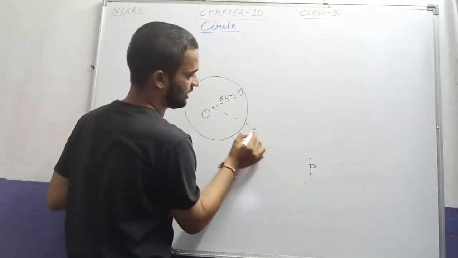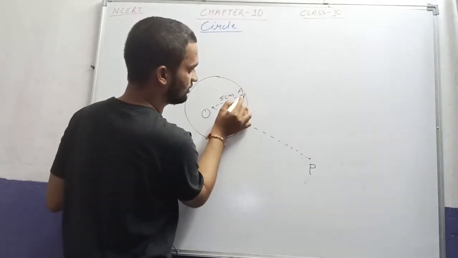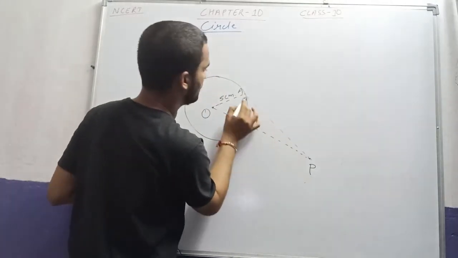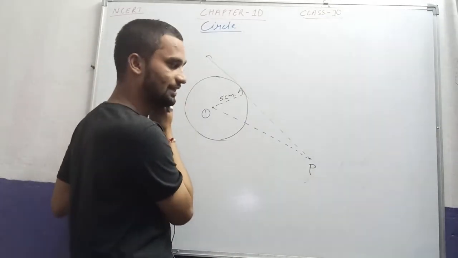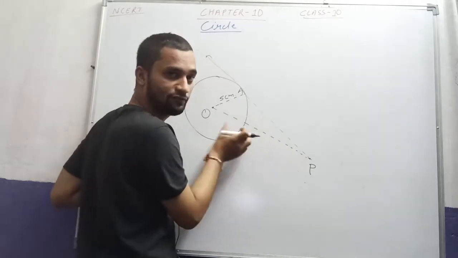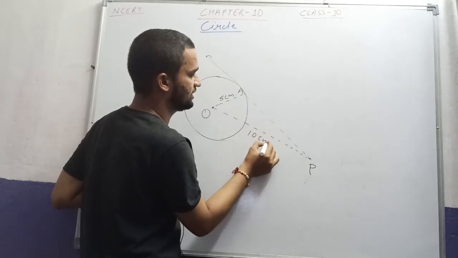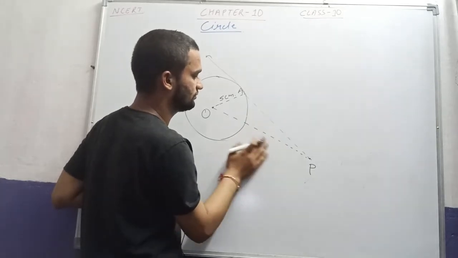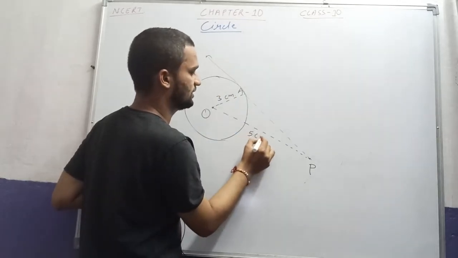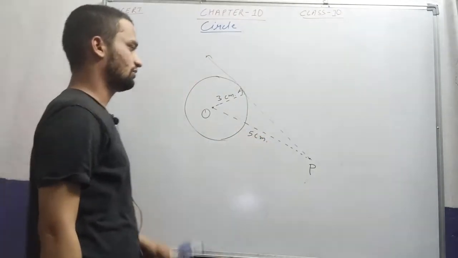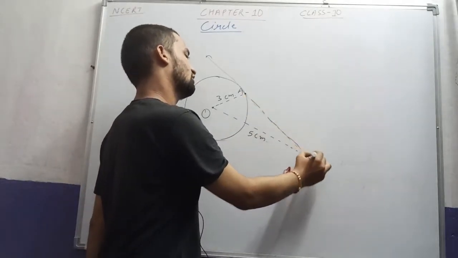So we have to join this point, and a tangent is drawn from this point, and the distance of the point from the center is given. Here suppose this is 3 centimeter and this is 5 centimeter. Then the question is, what will be the length of the tangent?